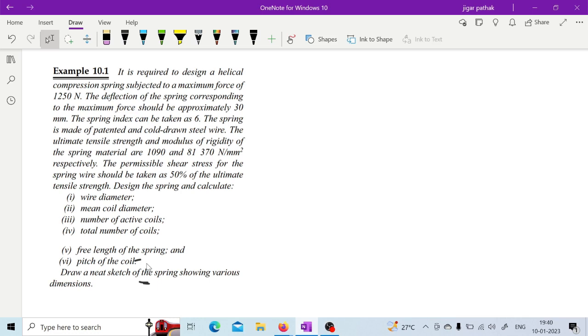So it is a straightforward question. First you need to note down the given data. Here your load is given as 1250 Newton and delta is given as 30 mm. Spring index is given as 6.